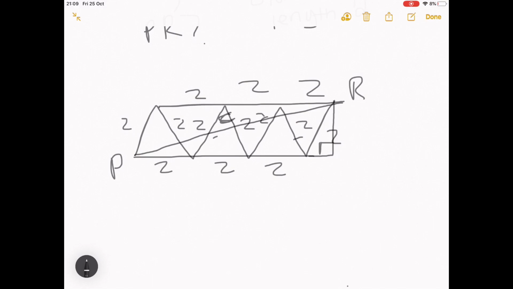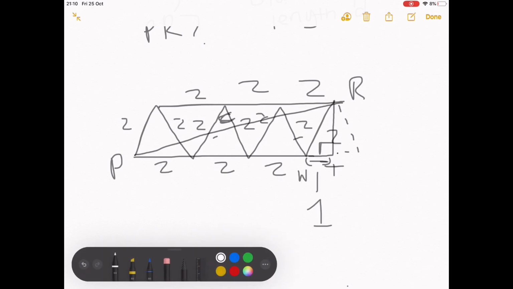We can label that a right angle, or we can label this vertex T. And we would know that the length of this, so call that W, that the length of WT would be 1, because if we drew another triangle, then that would just be the same as this one, so halfway between that.